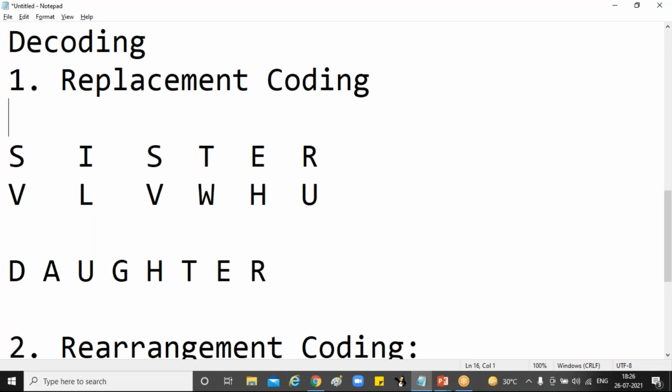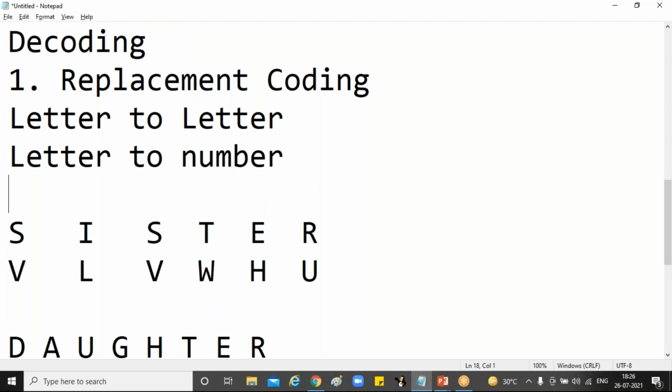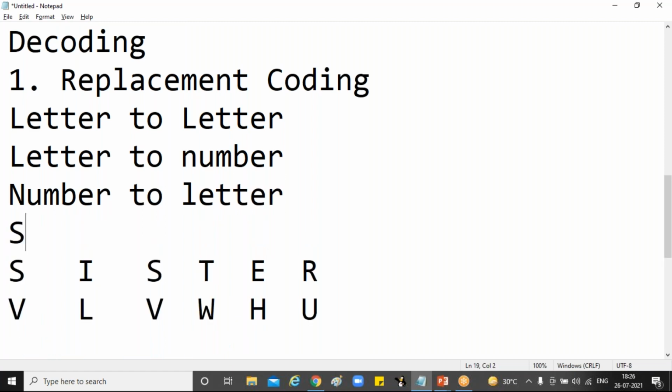But in replacement coding, you have to go with a different one. Replacement is nothing but letter to letter. Second one is letter to number. Each letter is replaced with a number, each digit is replaced with a letter.